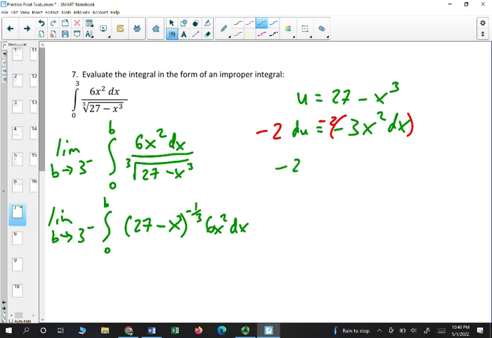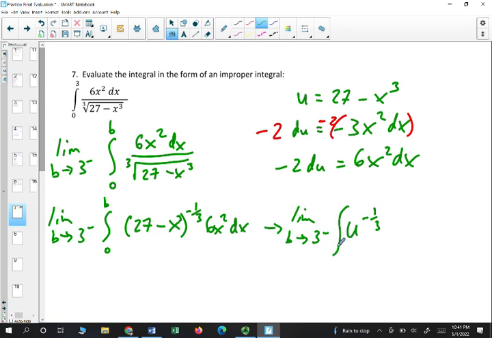And so that would give us -2 du equals 6x squared dx. Okay, so that means we could have limit as b approaches 3 from the left, and then we can make our u substitution, u to -1/3, and then we have a -2 du. The -2 I could put in front of our integral.